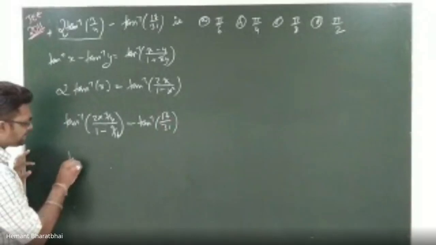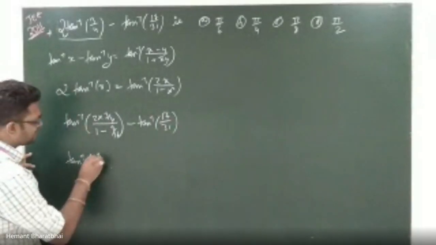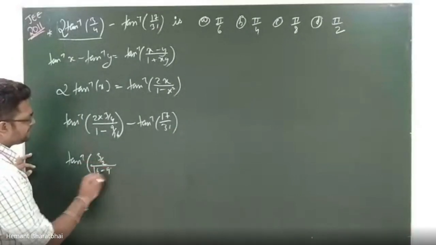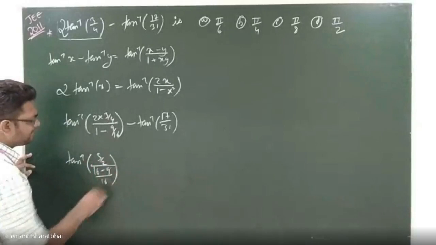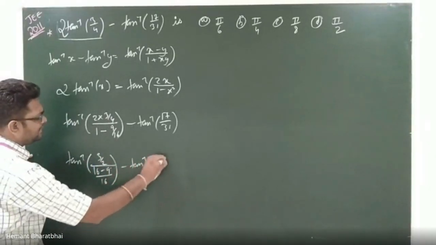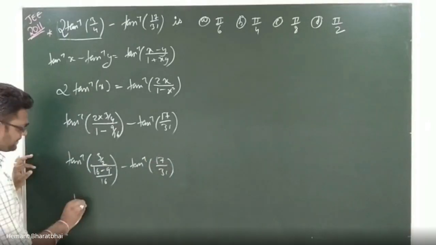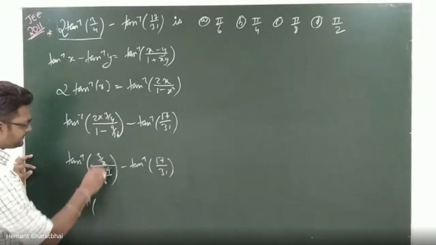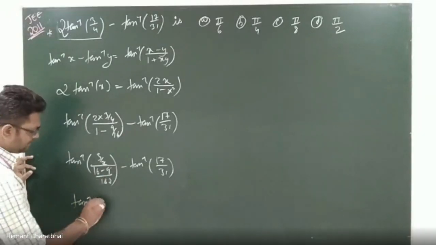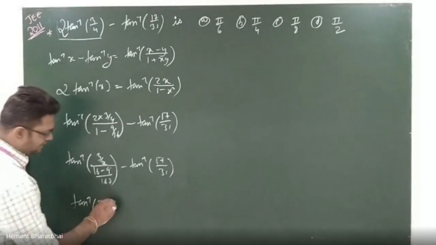So I get tan inverse of, 2 ones are 2, 2 fours are 8. So this becomes 3 by 2 upon 16 minus 9 by 16, minus tan inverse of 17 by 31. So I'll get tan inverse of, 2 ones and 2 eights are 16, so this 8 will come up.